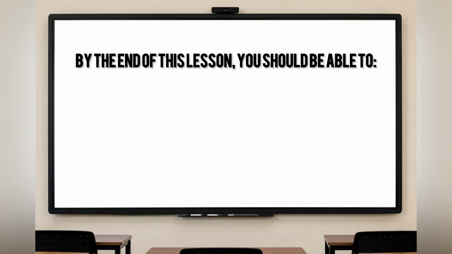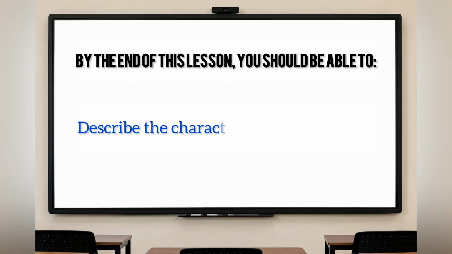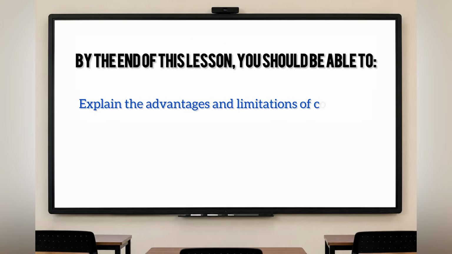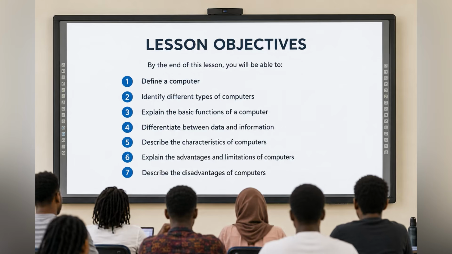We will also discuss the difference between data and information, explore the characteristics of computers, and finally, examine their advantages and limitations. Don't worry if some of these concepts sound unfamiliar right now, by the end of this lesson, they will make much more sense.